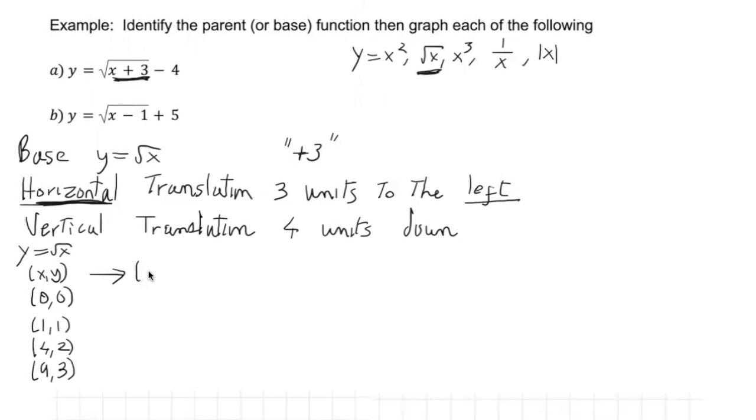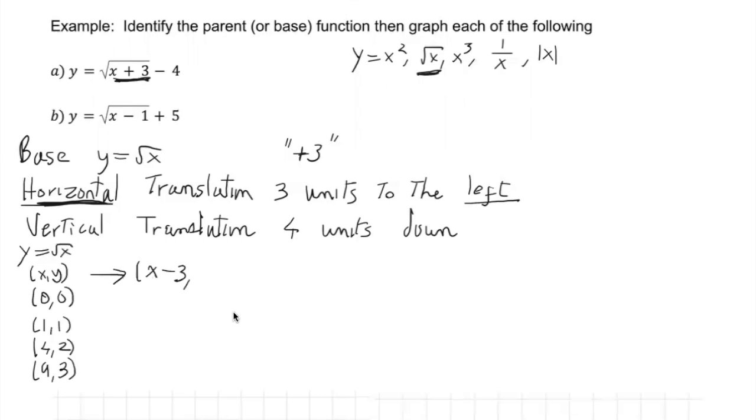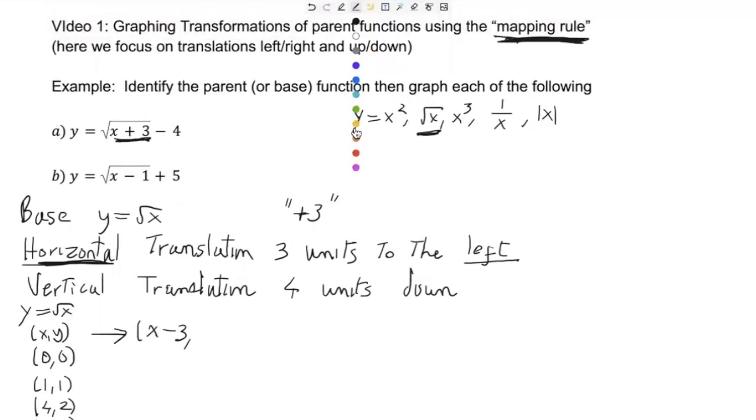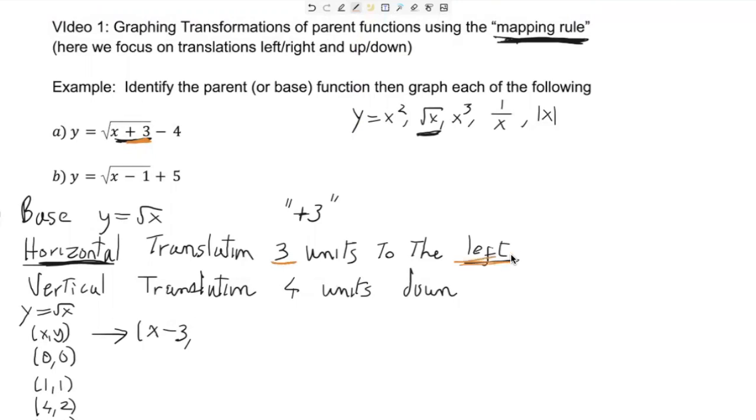For you to move a number 3 units to the left from x, you have to subtract 3. And I understand. Students tell me all the time that this is a bit confusing because here it says plus 3, but here we're saying -3. And that's because a plus 3 inside of the root means that it's moved 3 units to the left.